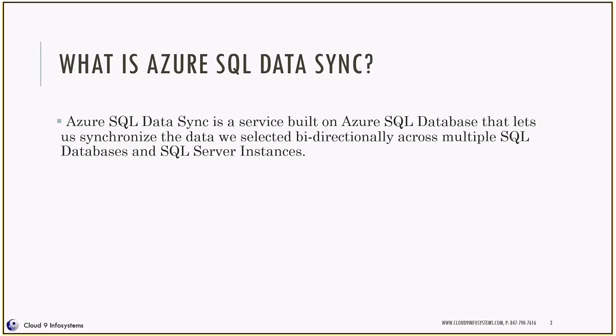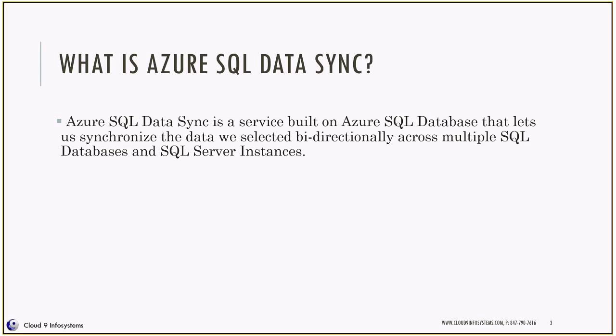So to jump in, what exactly is Azure SQL Data Sync? Azure SQL Data Sync is a service built on the Azure SQL database that lets us synchronize the data we selected bidirectionally across multiple SQL databases and also the SQL Server instances. So basically, it allows us to keep on-premise database in sync with our Azure cloud databases.